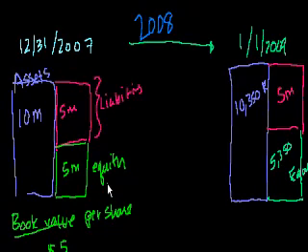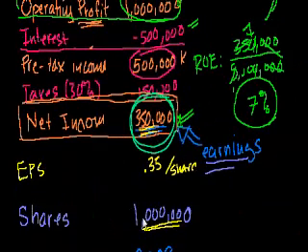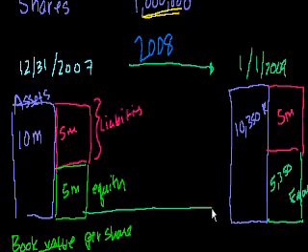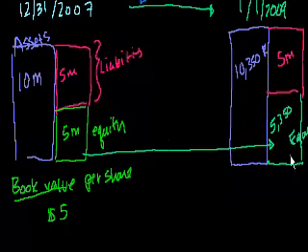The way I think about it, and probably the way you should think about it, is the earnings of a company, in this case $350,000 for the year, or 35 cents per share, essentially tell you what happened from one balance sheet to another. The amount that our equity grows by is earnings. So this is $350,000 of earnings.